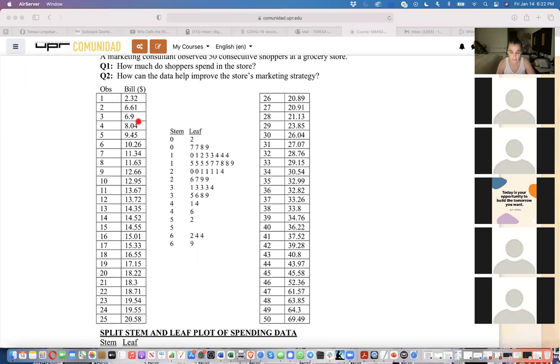Okay, so this is all the data of the 50 shoppers put in rank order. Then I do something with the number $2.32. I don't care about the decimals. Okay. I just make a plot with the dollars.